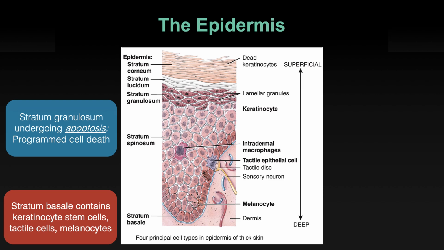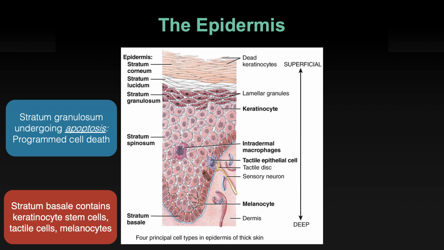The keratinocytes in the stratum granulosum are too far away, so they die. But this is good because in the process of dying, they release lamellar granules, and now we start to create that hydrophobic layer, that waterproof layer. It gives this layer its name, and you can see them scattered around these dead, flattened keratinocytes in that layer as you move more superficially.